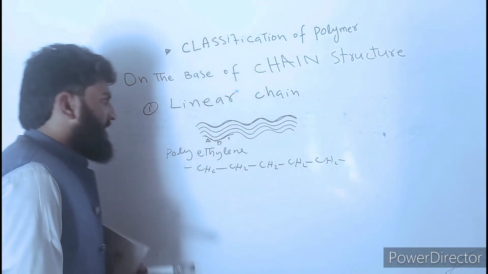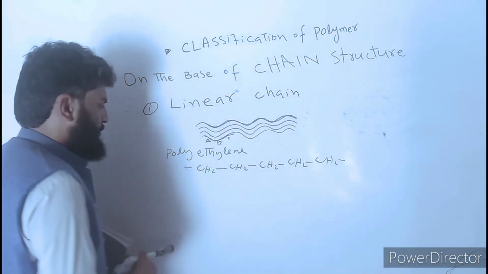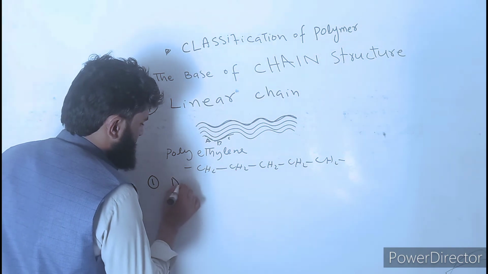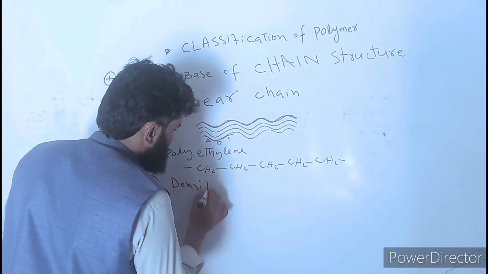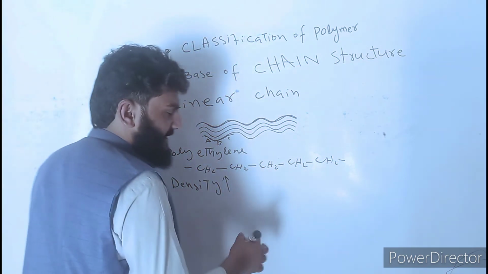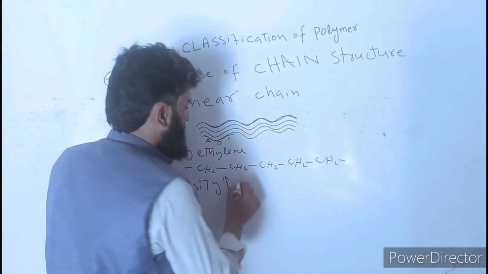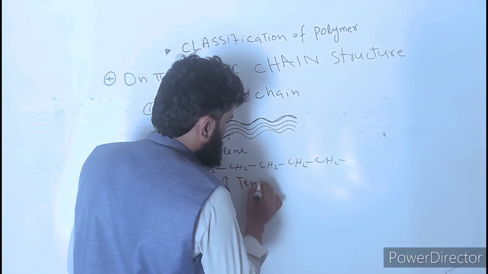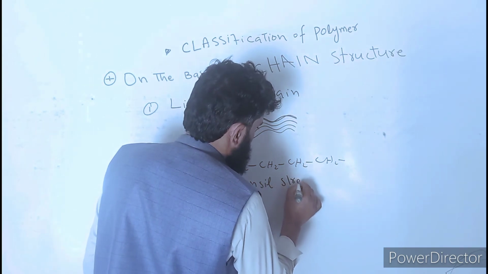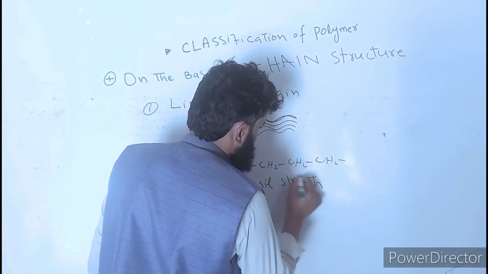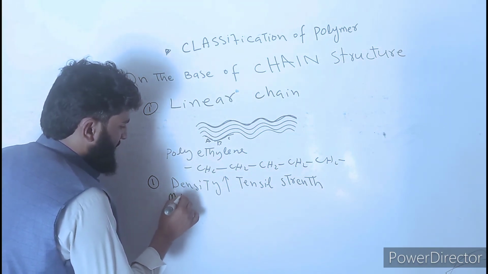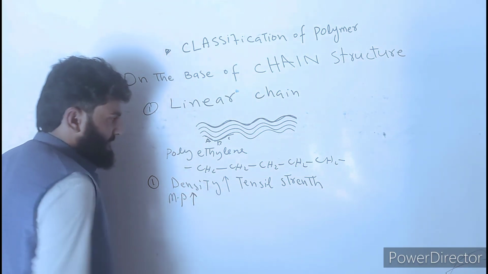So they have many properties. Their density is very high, they have a high tensile strength, and they have a high melting point, clear?